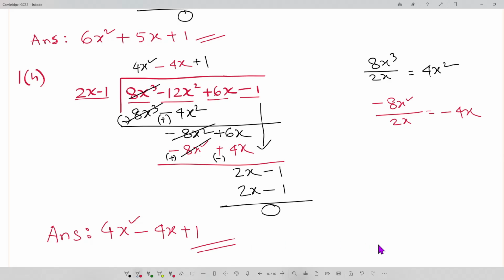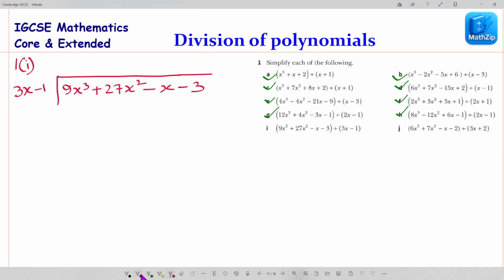Very simple. Number I: 9x cube plus 27x square minus x minus 3, we will divide by 3x minus 1. So first, 9x cube divided by 3x. So we will get 3x square.